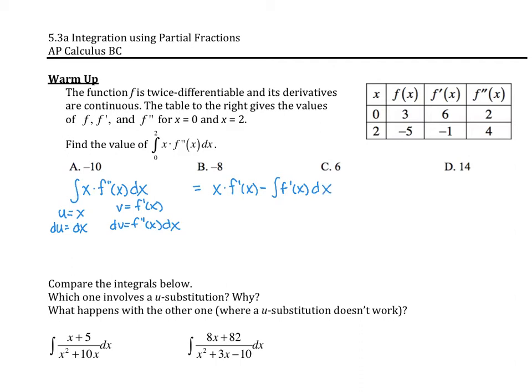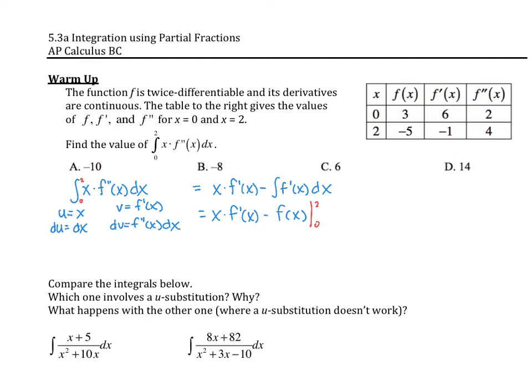And now when I take the antiderivative here, we get x times f prime of x minus the antiderivative of f prime of x, which would just be f of x. And normally we would say plus c, but we know that there are bounds on this integral that went from 0 to 2, so let's evaluate this from 0 to 2.